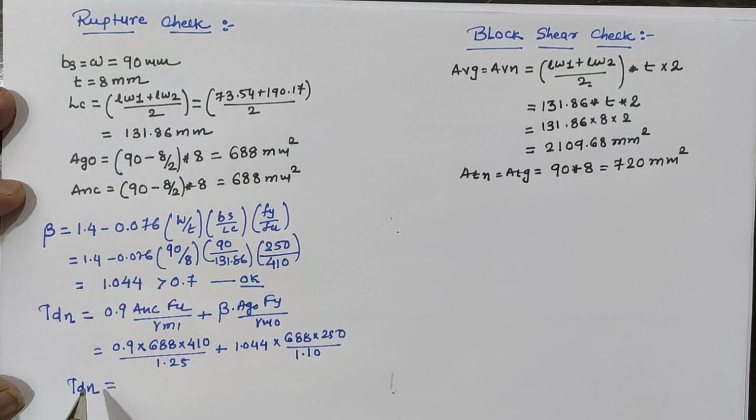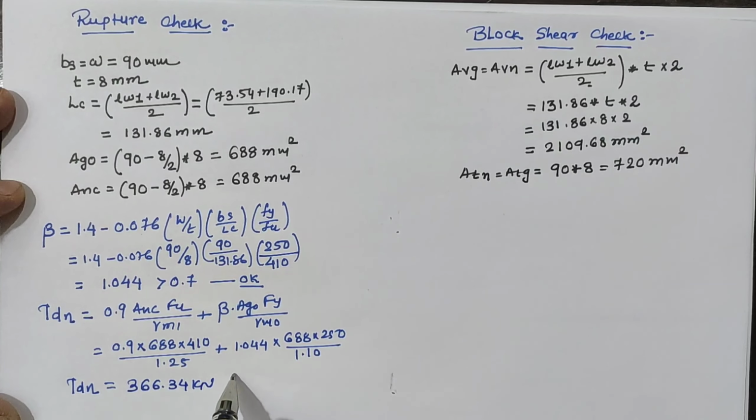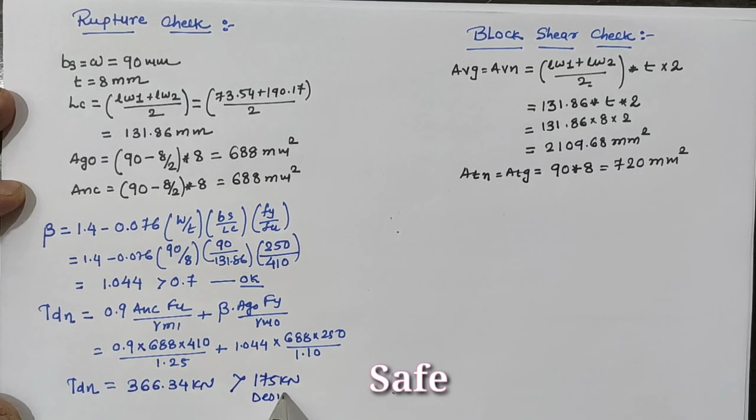The value of rupture strength is 366.34 kilonewton. It is greater than 175 kilonewton as a design load. Our design is safe for rupture.